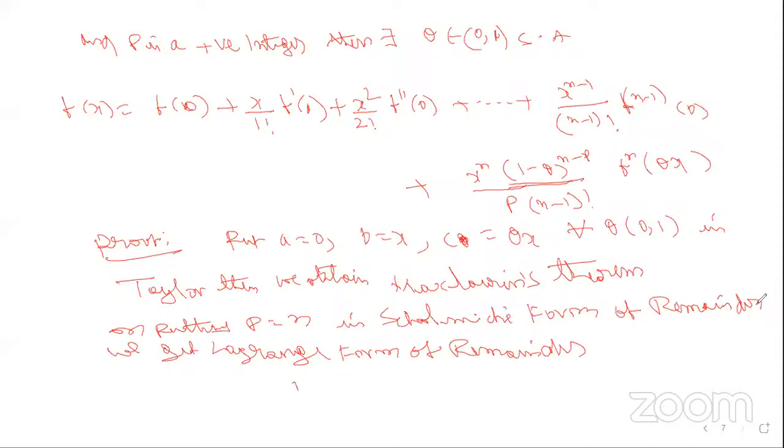So Rn equals x power n divided by n factorial into f to the n of theta x.